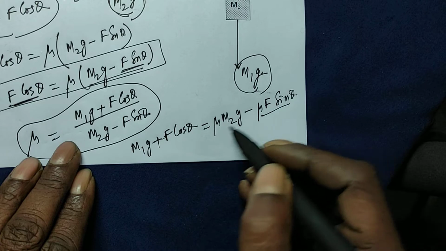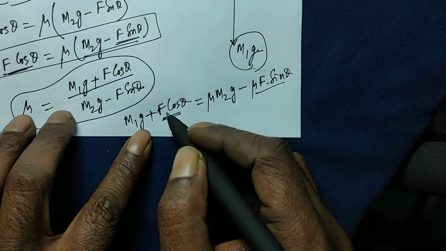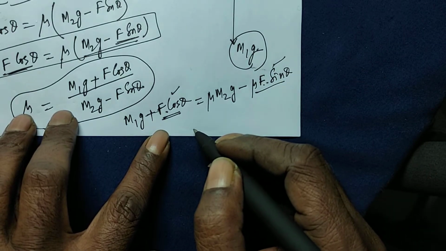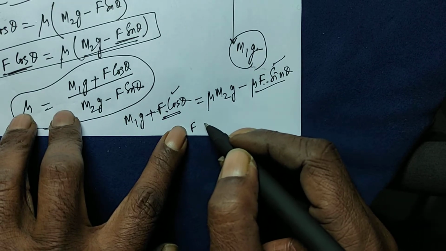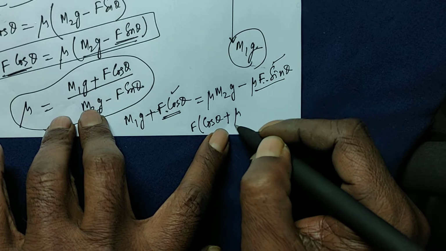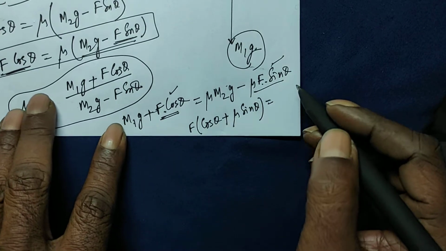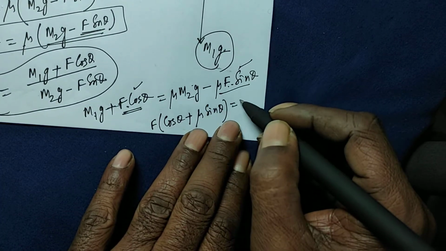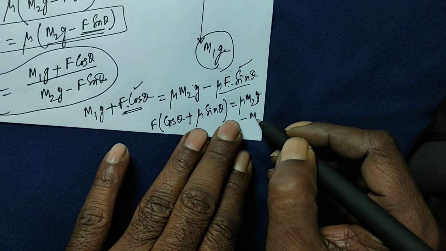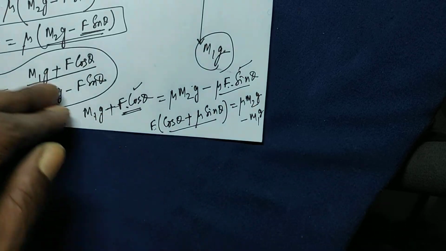Now it will be wise to bring this term towards the left hand side because both will be positive. So if you take F common, you will be left with cos theta plus mu times sin theta, and this M1g will come to the right hand side. So you will have mu M2g minus M1g.